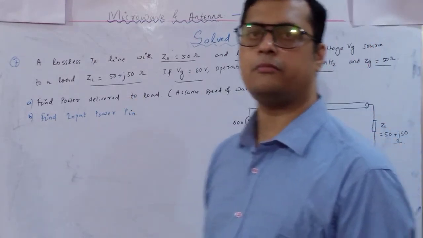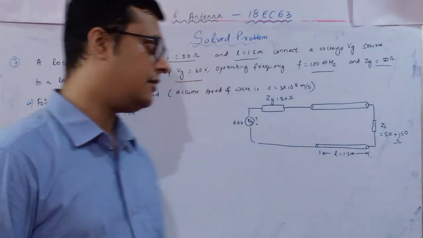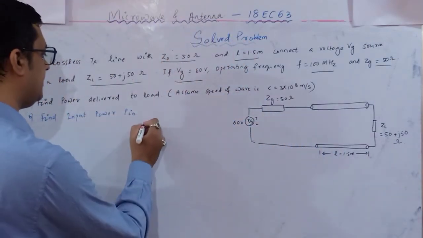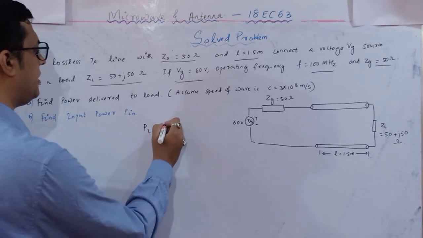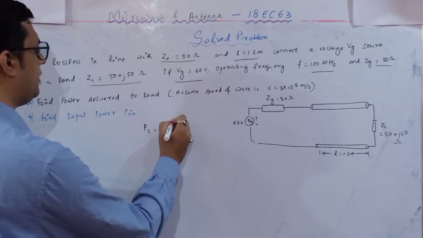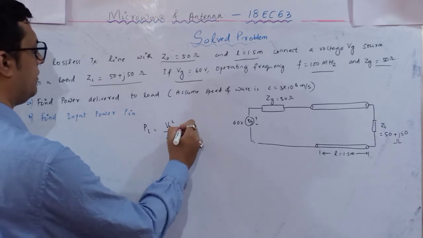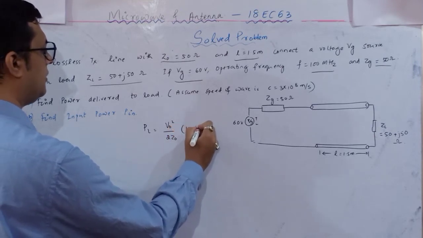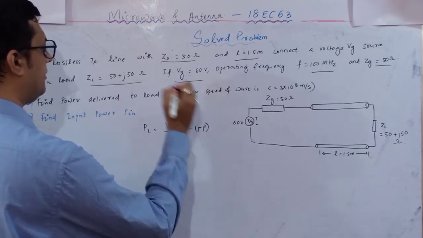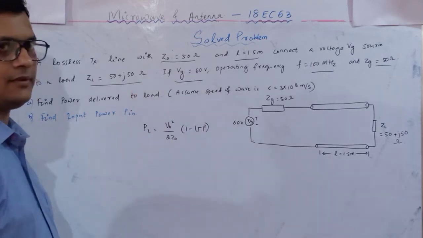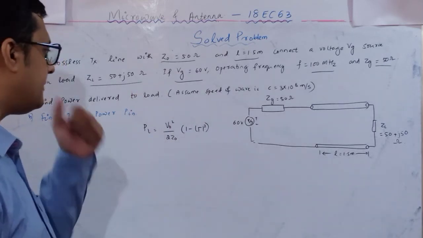Power delivered at load means, as I discussed in the last class, the power delivered at load is V naught square divided by 2 Z naught, whole into 1 minus reflection coefficient whole square, like this.